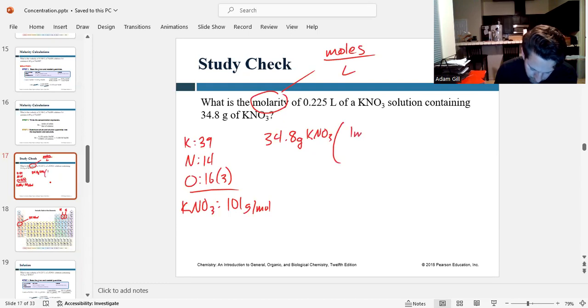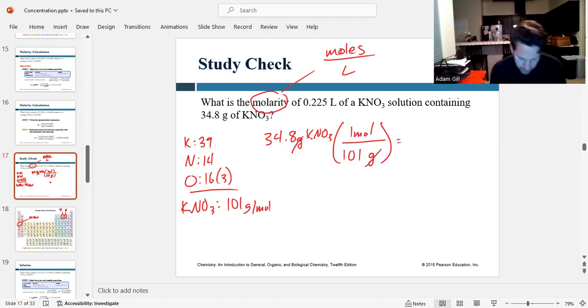And there is 1 mole for every 101 grams. Grams cancels. So 34.8 divided by 101. I get 0.34455, and it keeps going.